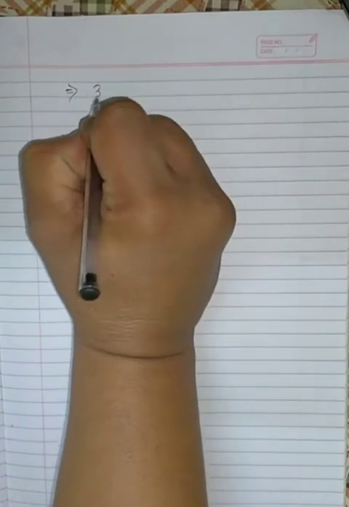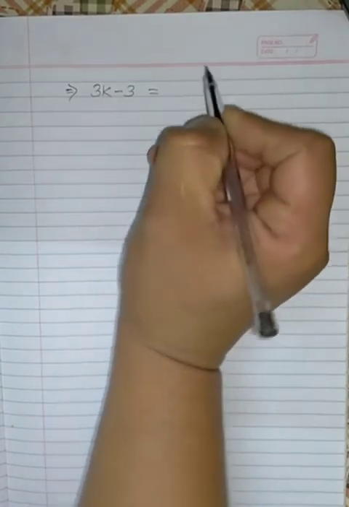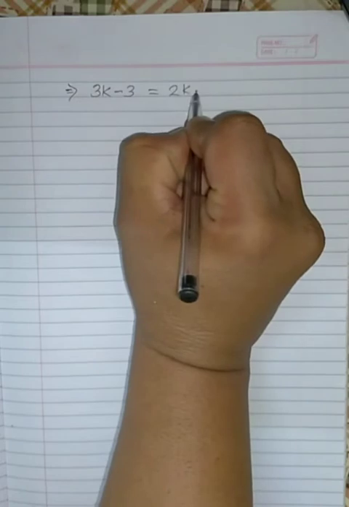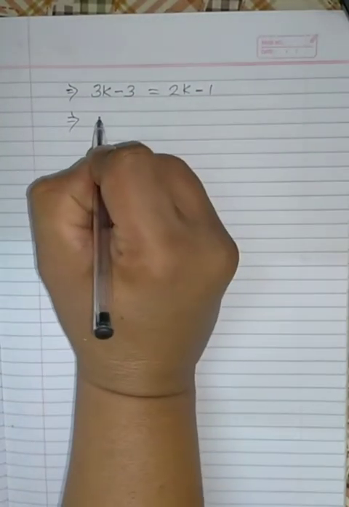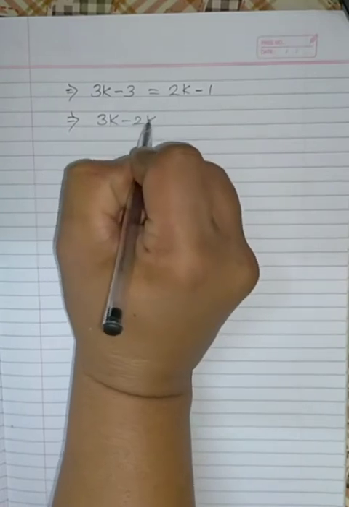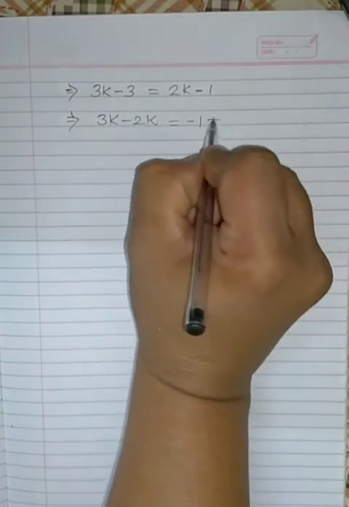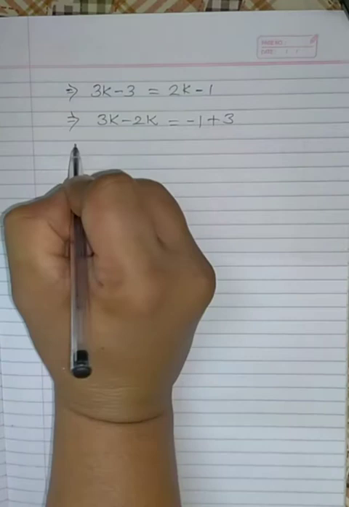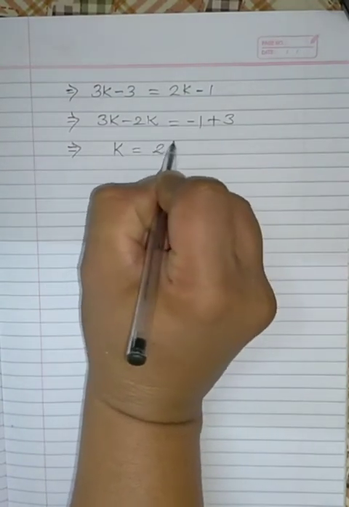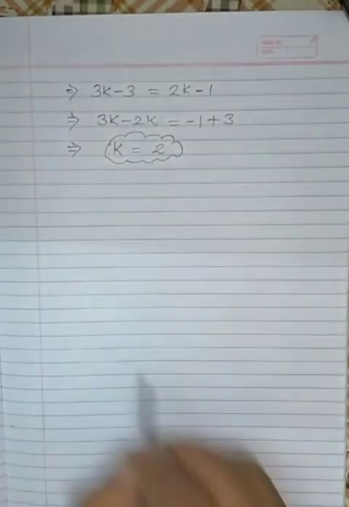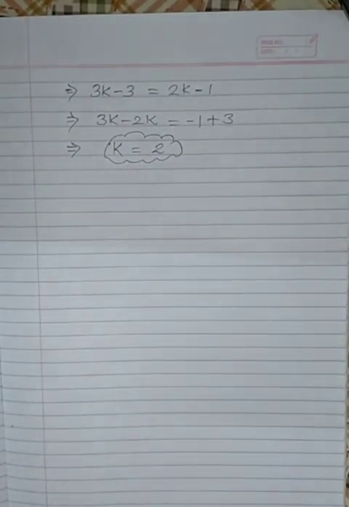Therefore, multiplying 3 inside the bracket, we get 3k minus 3 is equal to 2k minus 1. That implies 3k minus 2k is equal to minus 1 plus 3 by transposing. Therefore, k is equal to minus 1 plus 3, which is 2. k is equal to 2.